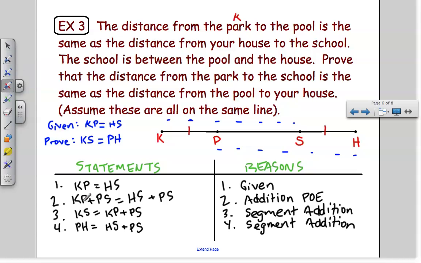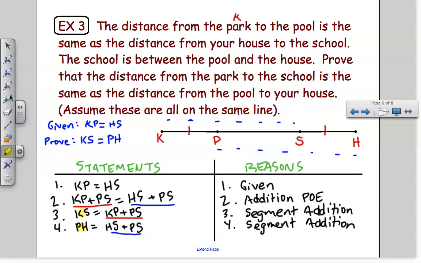Now here's the deal. I go to this step. Remember, we're trying to prove KS and PH were the same? KP plus PS is right here. And what do I know that KP plus PS is equal to? KS. And remember how HS plus PS is right here? And what do I know that HS plus PS is equal to?